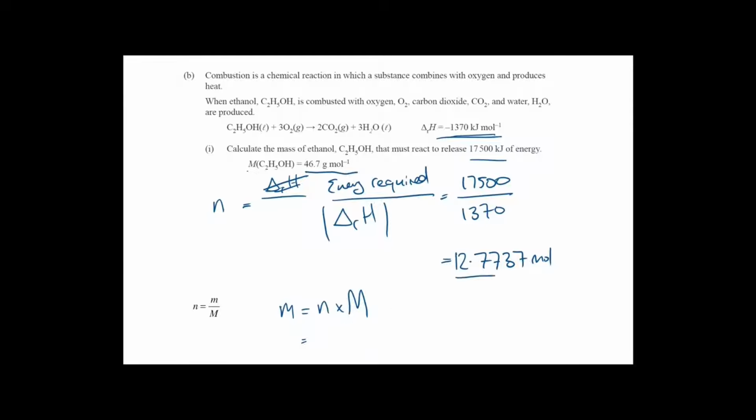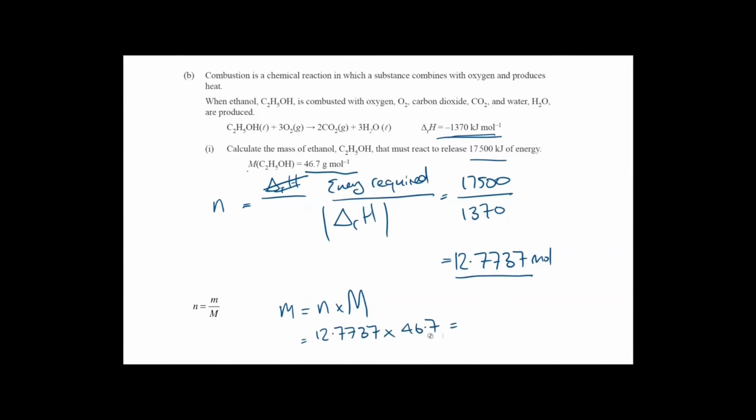And we know that there are 12.7737 moles which are burned up in our ideal combustion reaction, times 46.7 grams per mole, and they're all in SI units, so that's good.